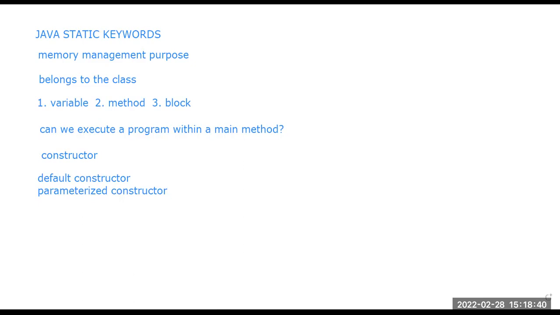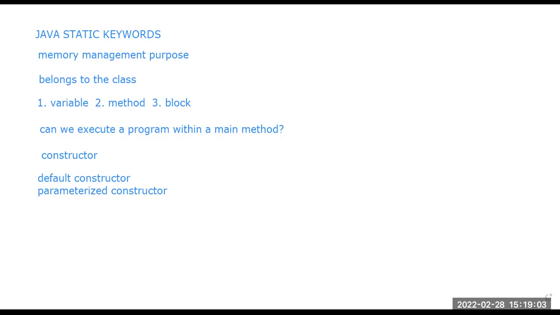So what is the part of this default constructor? Suppose we are creating an object, an instance of a class, and we didn't create any constructor or we didn't call any constructor. In that case, when the code is compiled, the Java compiler will provide the default constructor.